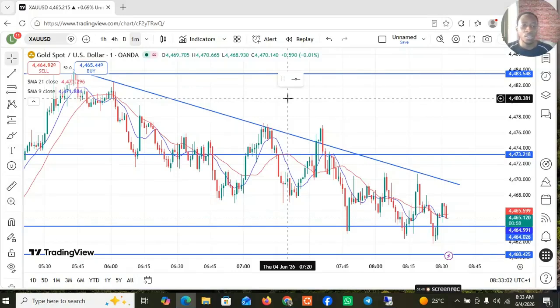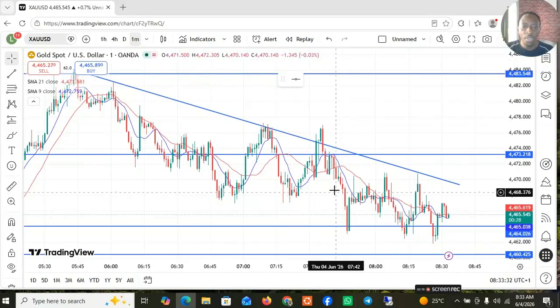Then since we are observing a downtrend, and thirdly, that's the third confluence, the simple moving average: the smaller period 9 must be below the 21 simple moving average. A candle must close below the simple moving average for you to take a signal.